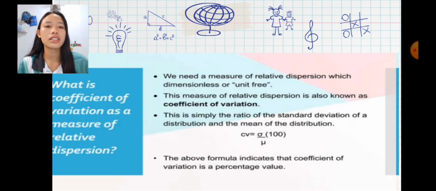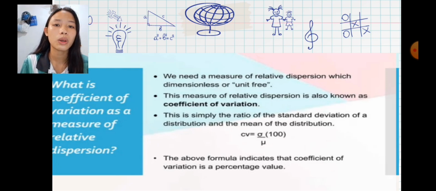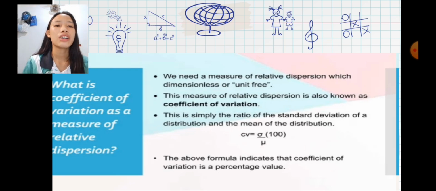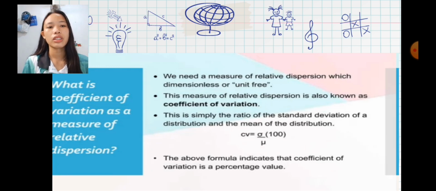So let's proceed to the coefficient of variation as a measure of relative dispersion. What is it? We need a measure of relative dispersion which is dimensionless or unit-free.